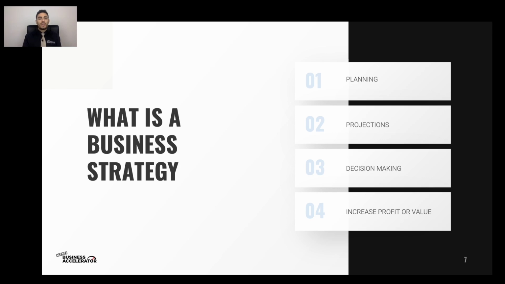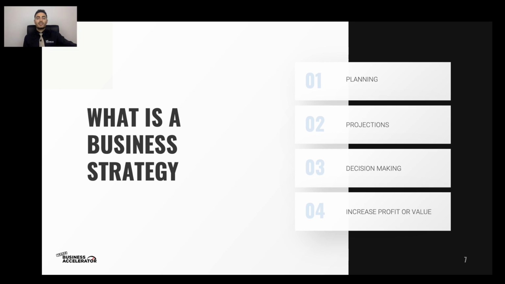Number 2, projections, or as I said, sometimes called modeling. This is where we start creating the detail behind the strategy. Projections or modeling is something that we create. It's a tool and it's designed to show us the information that we need to know about our business.